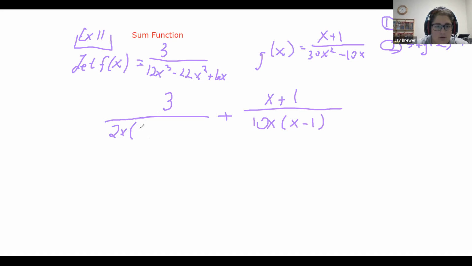So pull that out, and then you're going to end up with x squared minus 11x plus 3. But that can actually be factored. So we get 3x minus 1. Oh, what did I forget over here? Forgot a 3.